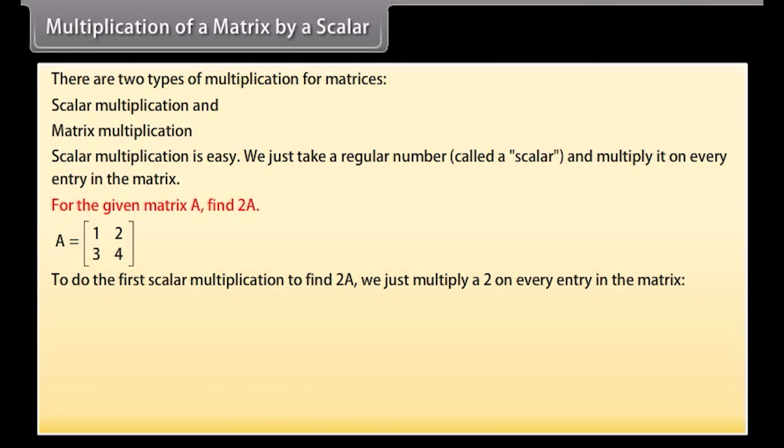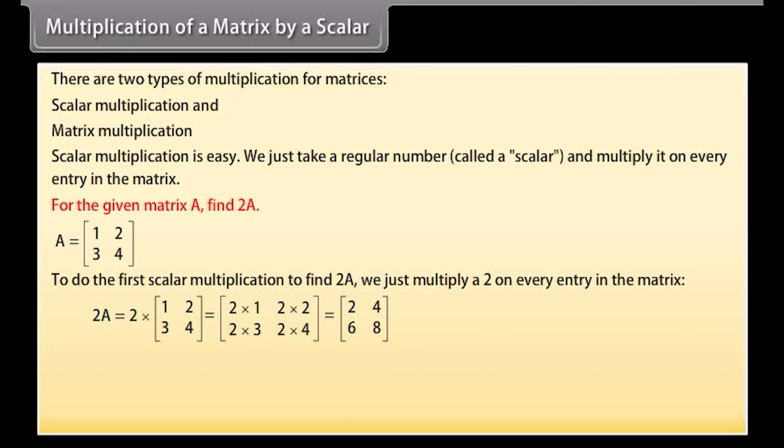To do the first scalar multiplication to find 2A, we just multiply a 2 on every entry in the matrix. 2A is equal to 2 into matrix row wise, first row 1, 2, second row 3, 4, which is equal to matrix row wise, first row 2 into 1, 2 into 2, second row 2 into 3, 2 into 4, which is equal to matrix row wise, first row 2, 4, second row 6, 8.